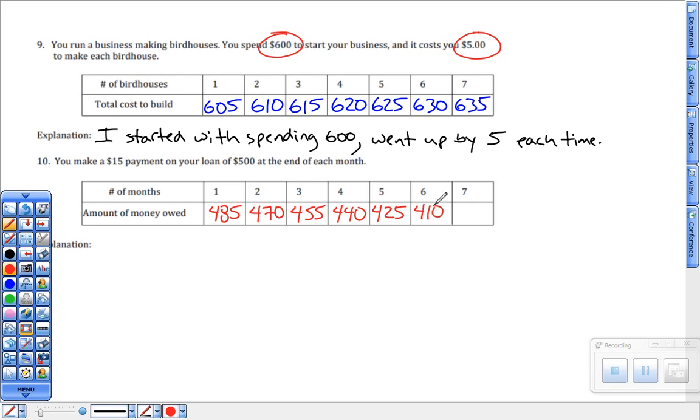Take away 15. So the explanation was, I started owing $500 and paid $15 each month.